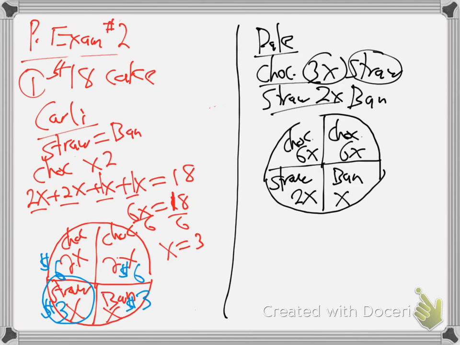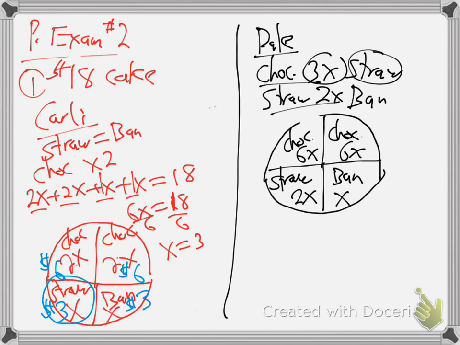Does everybody see that? That's why it's easiest to start with the least. So the lowest is banana, double that for strawberry, and then triple that for each of the chocolates, because that's what it says. So it's easiest to start with the lowest when they have like 3 statements in a row, you know? 2 statements, 3 things, right? Does that make sense?